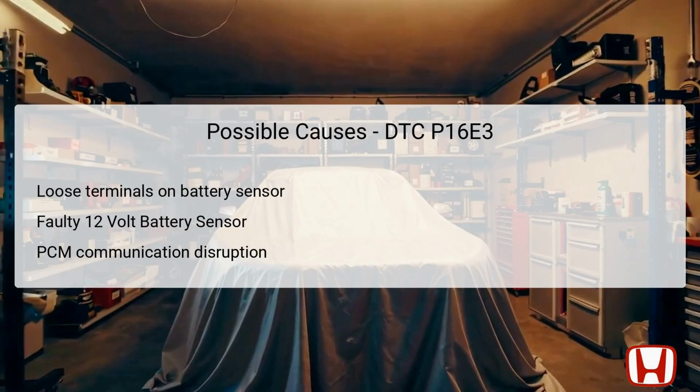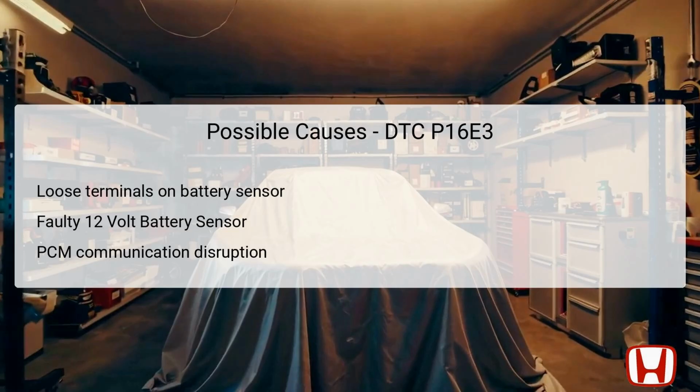Several potential causes could lead to the occurrence of DTC P16E3. One common issue is loose terminals on the 12-volt battery sensor, which can disrupt the communication required for normal operation. If the connections are not secure, the PCM may fail to receive accurate signals, thereby triggering this error code.